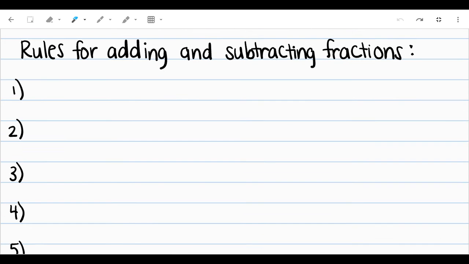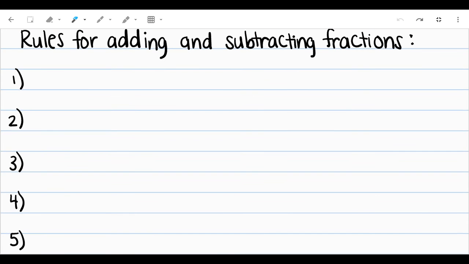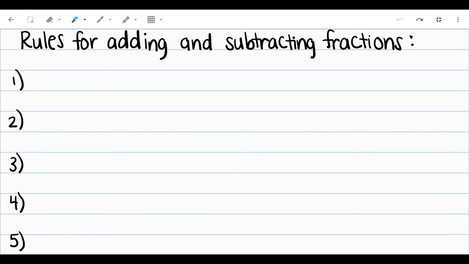So to start with, I'd like to go over the rules for adding and subtracting fractions. There's about 5 rules to follow, or steps, and if you follow these rules, it'll make adding and subtracting fractions really easy. So the first rule is to make the denominators the same.